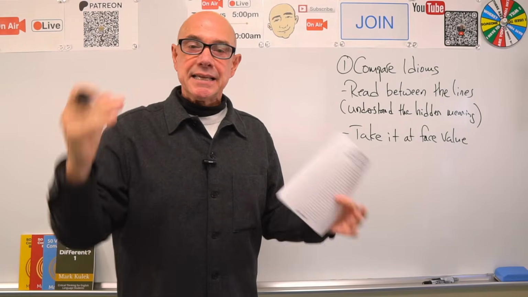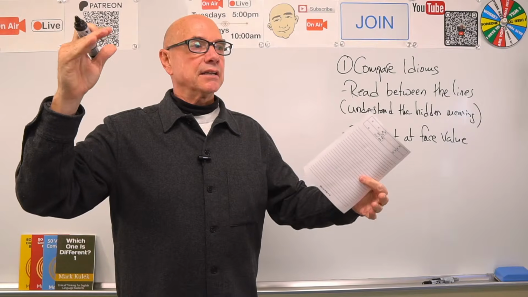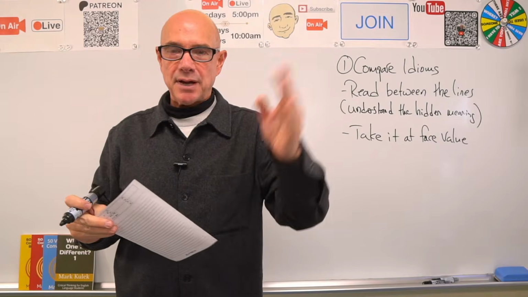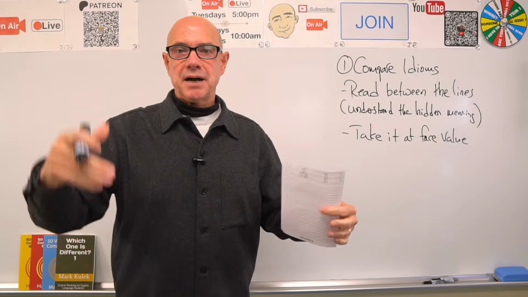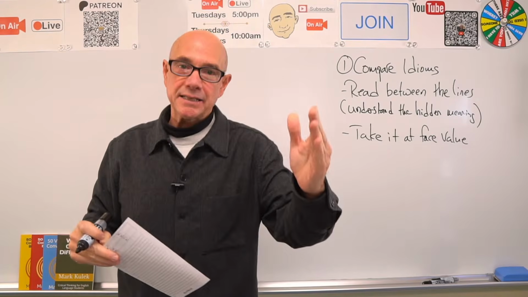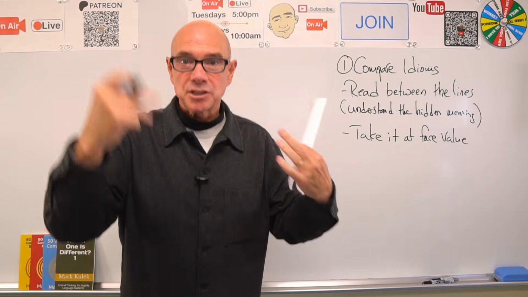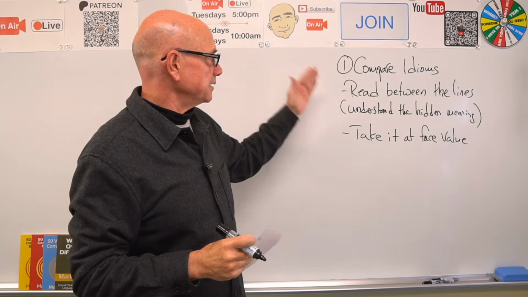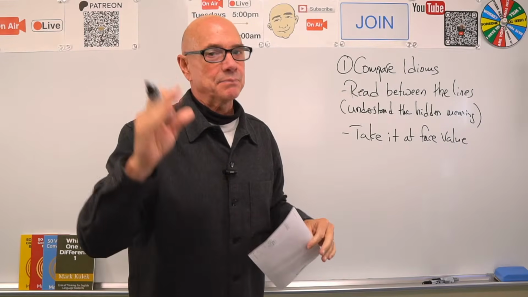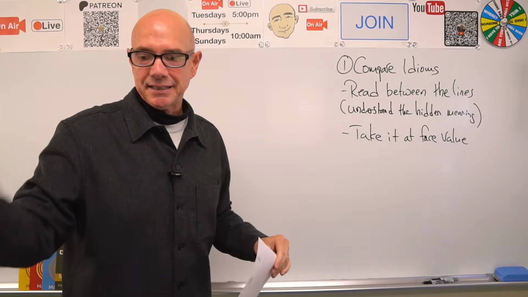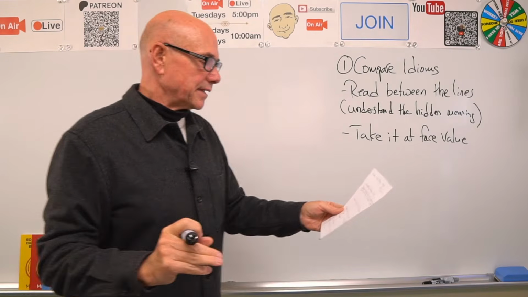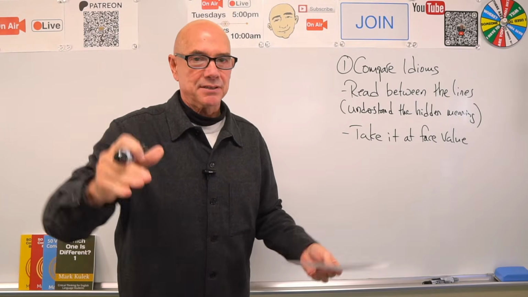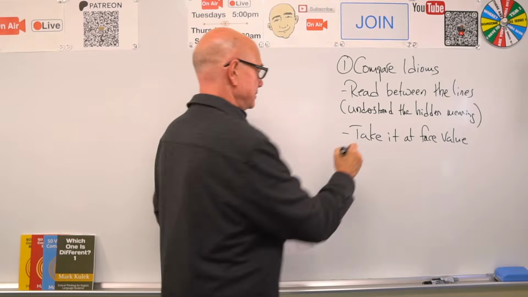That's explicit. Implicit is understood. It's not said, it's not expressed. It's understood by someone's actions, body language, or facial expressions. So what is not said? And so that is read between the lines: understand the hidden meaning, implicitly stated or implicitly understood. Okay, and then take it at face value. Exactly as it appears. Exactly as it appears.